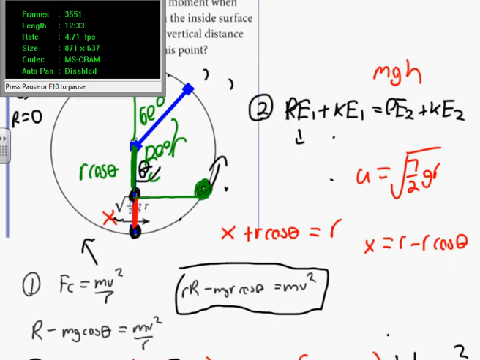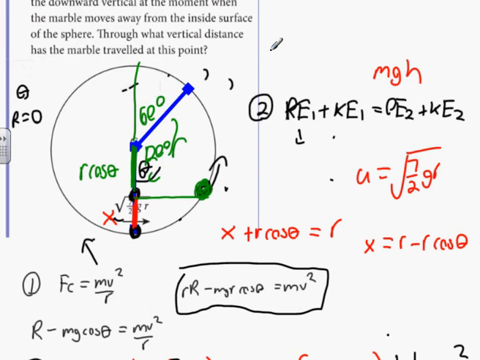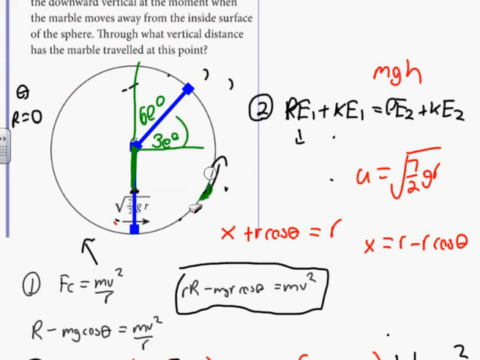Okay lads, well done. One more thing. Through what vertical distance has the marble travelled to this point? Really quickly does it. Okay? Remember what we said earlier? It travels 120 degrees, that's 30 degrees past the horizontal. So the distance from here to here is r.